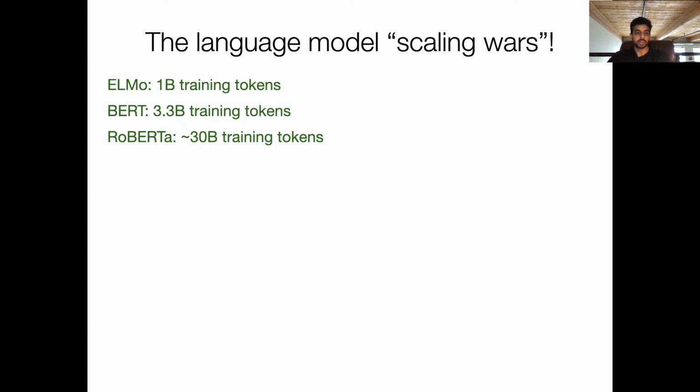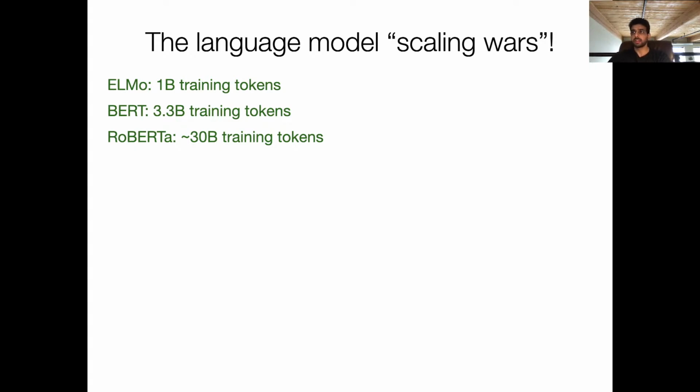And Roberta was trained on, as you remember from last time, two configurations. One where they trained with about the same number of tokens as BERT, just to be reasonably comparable. And the other with about 30 gigabytes more data added on. I'm not sure exactly how many training tokens they used in Roberta.